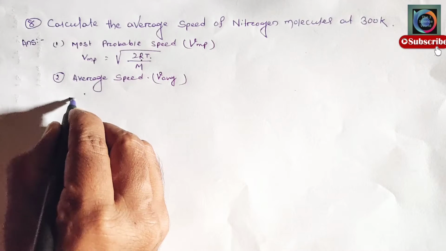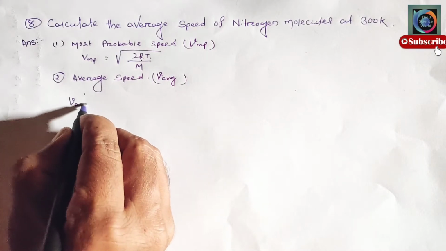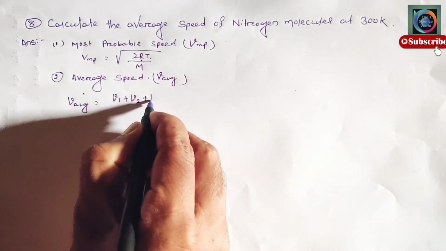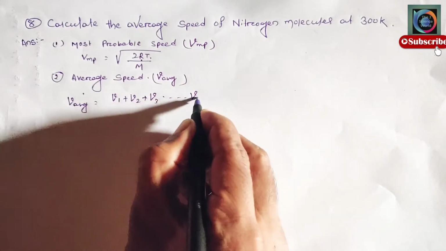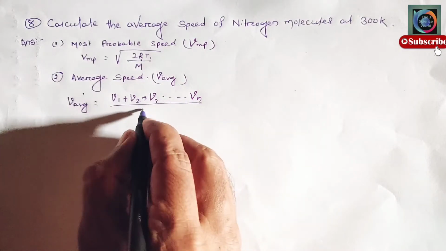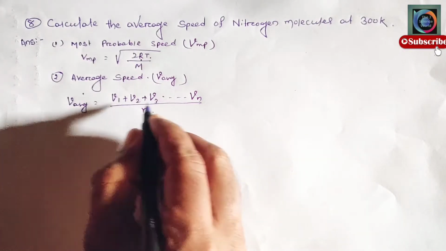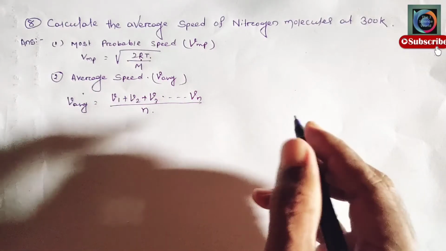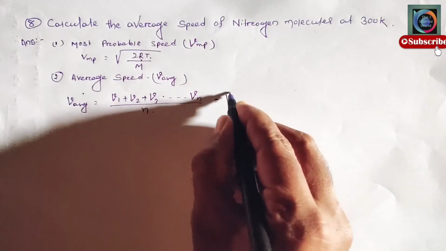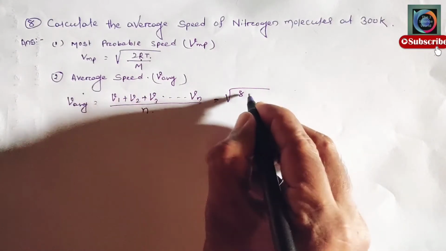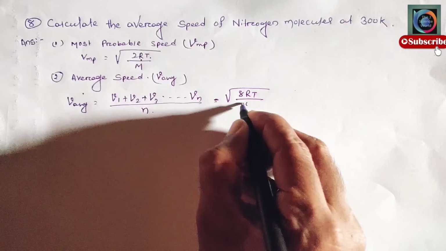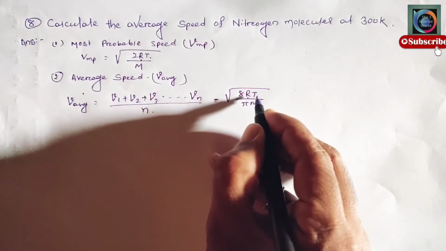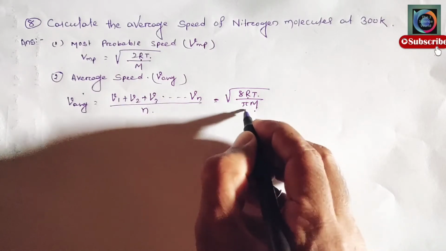The mathematical expression: the addition of each individual molecular velocity whole divided by the number of molecules present. This is square root of 8RT by pi M, where we already discussed R is our gas constant, T temperature, M molecular mass, and pi.